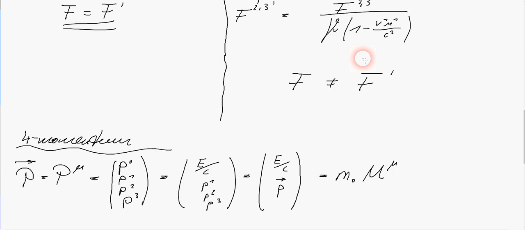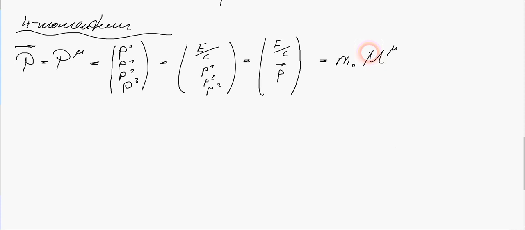So, and what do we know about the 4 acceleration? We have already derived this in the last video. Let's repeat what the Minkowski norm of this 4 momentum is, just for completeness. The Minkowski norm of this vector leads to the energy momentum relation the following way.